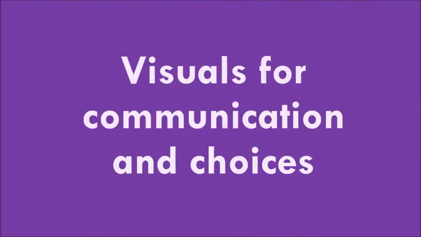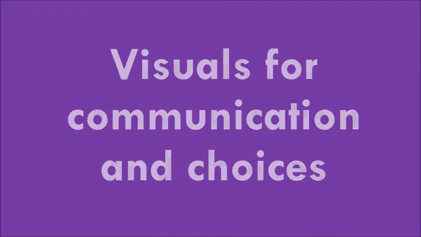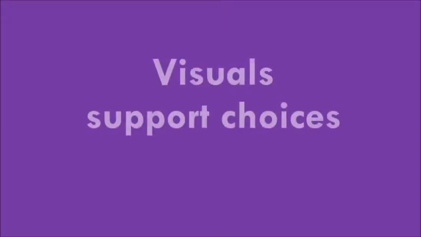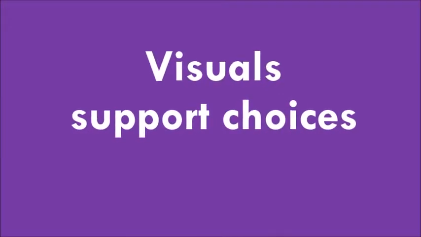Using visuals is also particularly helpful in terms of assisting with communication and making choices. So we use visuals for making choices all the time at the Shieling. Again, because they are tangible, you can point at a visual to indicate your choice. So that's obviously really helpful if you are pre-verbal.